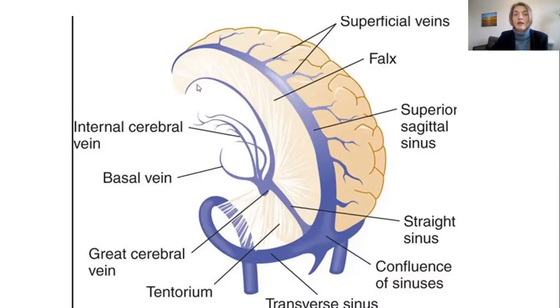This is the inferior sagittal sinus. It drains into the straight sinus, which is formed by union of the inferior sagittal sinus and the great cerebral vein. The great cerebral vein is one of the deep cerebral veins.